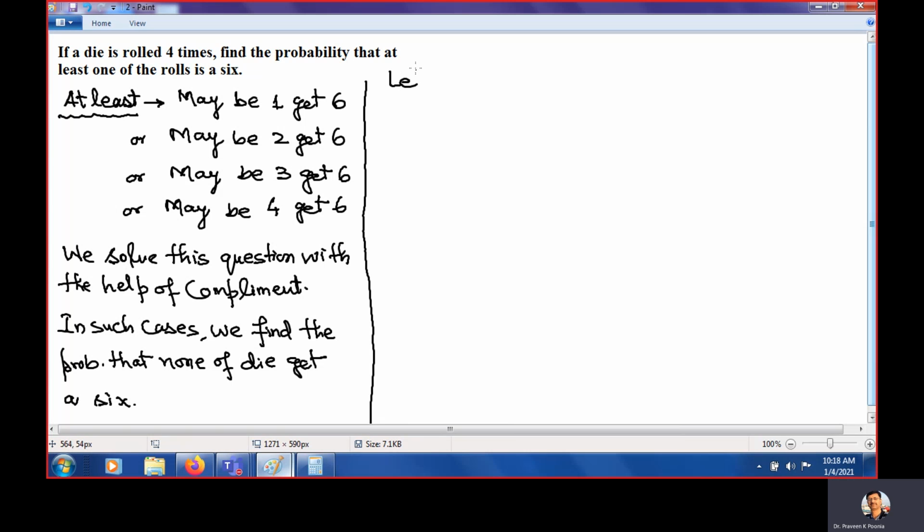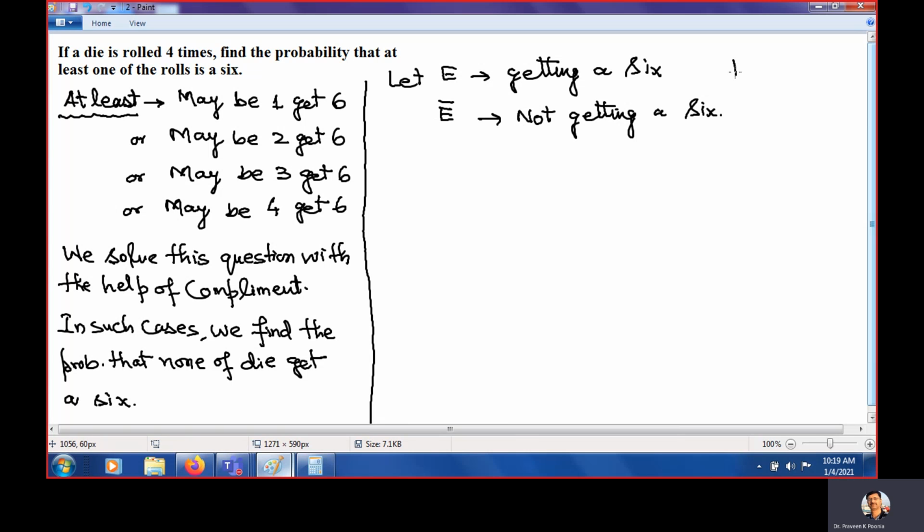Now the solution. Let E be the event of getting a 6. Then E bar will be the event of not getting a 6. Clear?